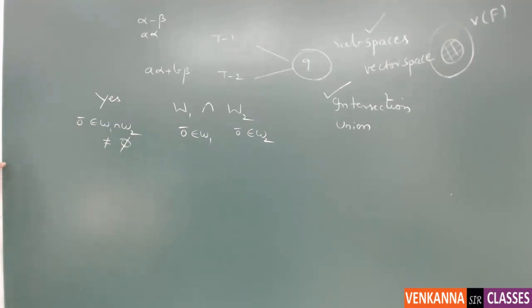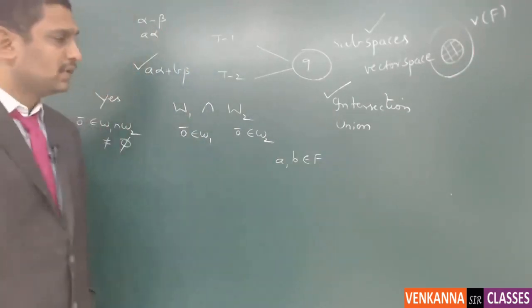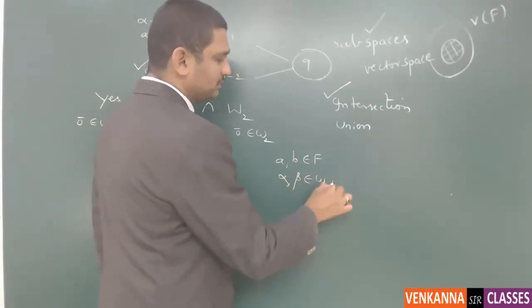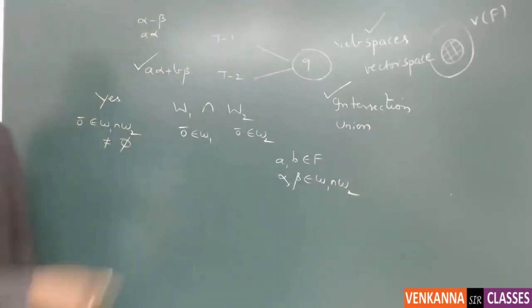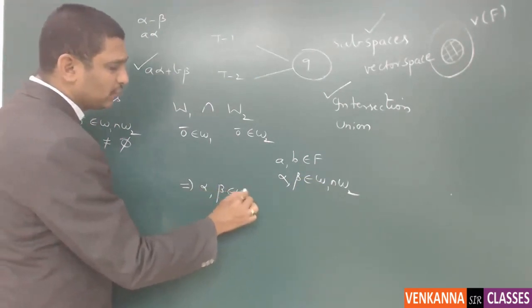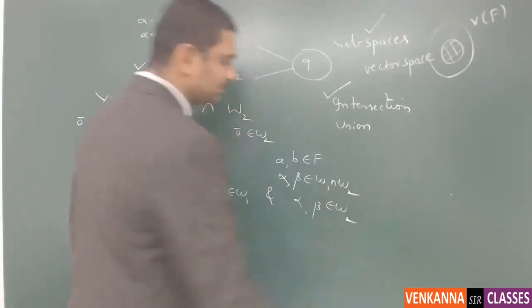Now to prove that it is a subspace, let us take the test condition A alpha plus B beta. If I prove that A alpha plus B beta belongs to the intersection, it becomes a subspace. So for this, you take any 2 scalars in the field and any 2 vectors alpha, beta in the intersection. So this implies that alpha, beta belong to W1 and alpha, beta belong to W2.